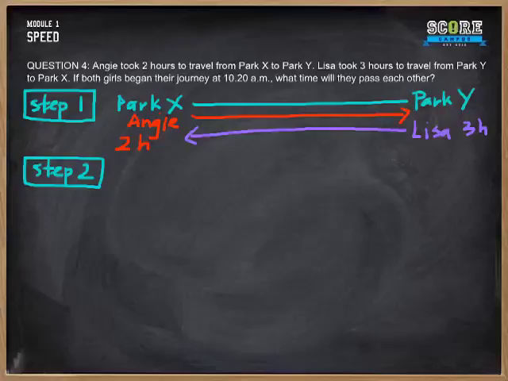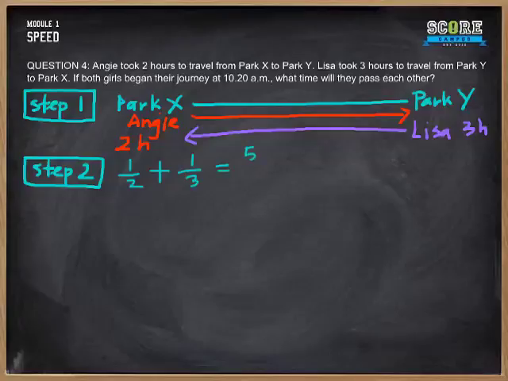Now step 2. Let's find out how much of the journey they travel altogether in 1 hour, as a fraction. Angie covers half the journey and Lisa covers 1/3 of the journey. So 1/2 plus 1/3 is equal to 5/6.